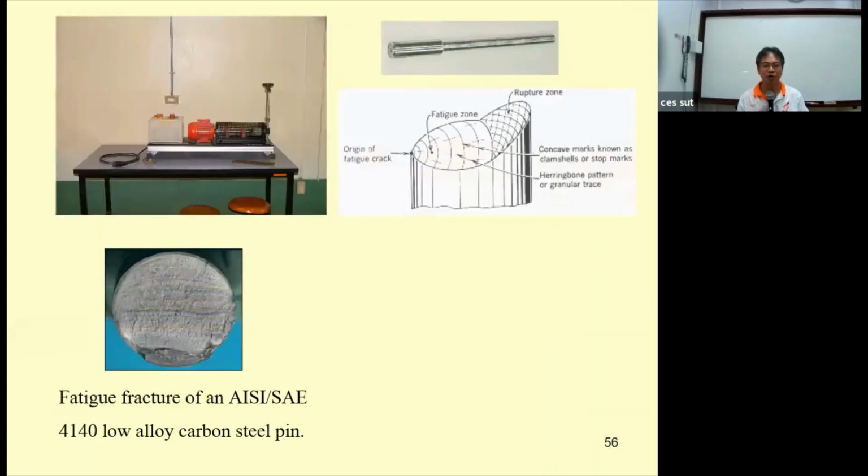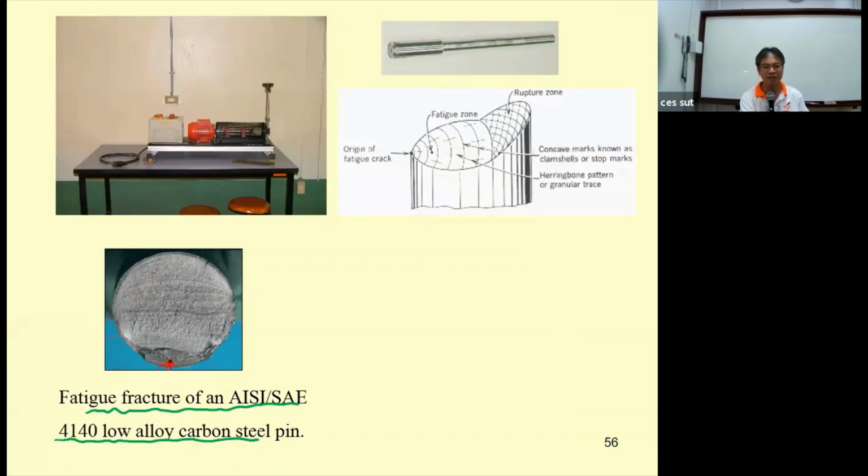And this shows you the fatigue failure of SAE 4140 low alloy carbon steel. First, this kind of steel has a very small micro crack here.